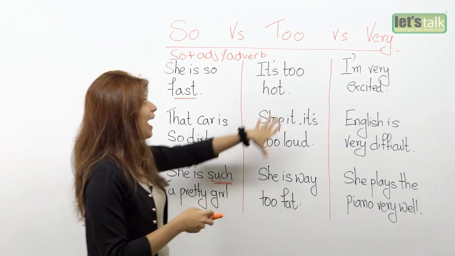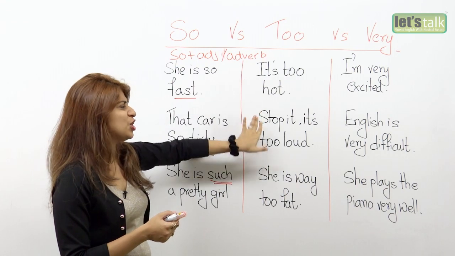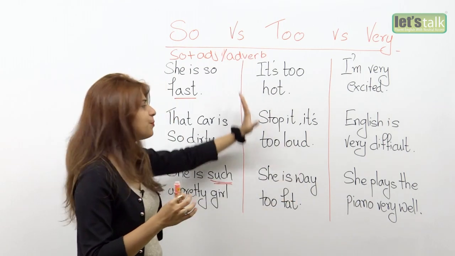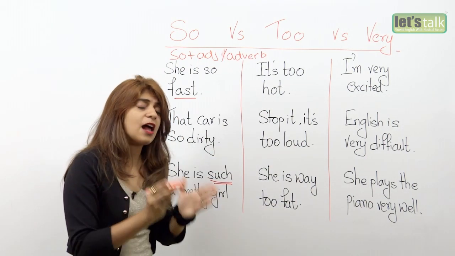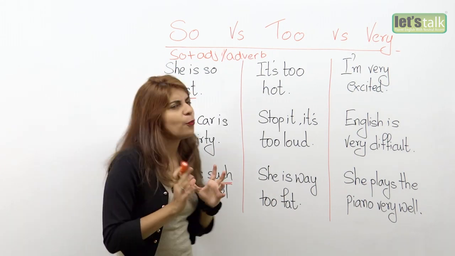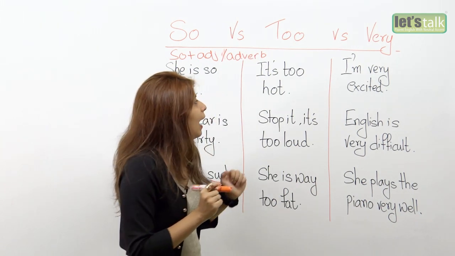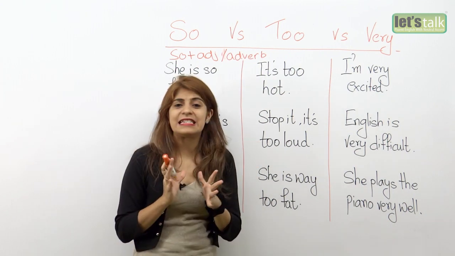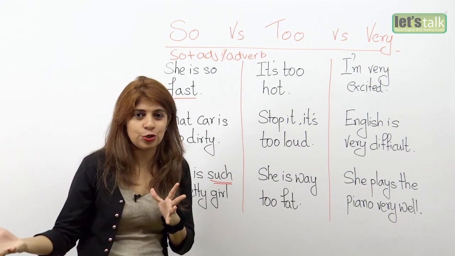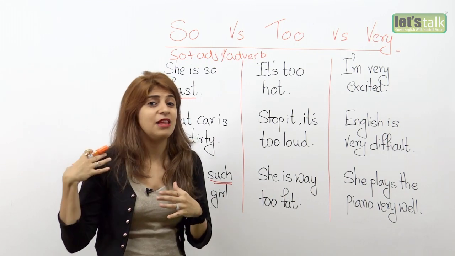Now let's have a look at the word too. It's too hot, or stop it, it's too loud, or she is too fat. These are some examples here. First let's understand when we use the word too. The word too is quite a negative expression, and it is used as an intensifier, which means something which is too much, something which is more than necessary or more than enough.